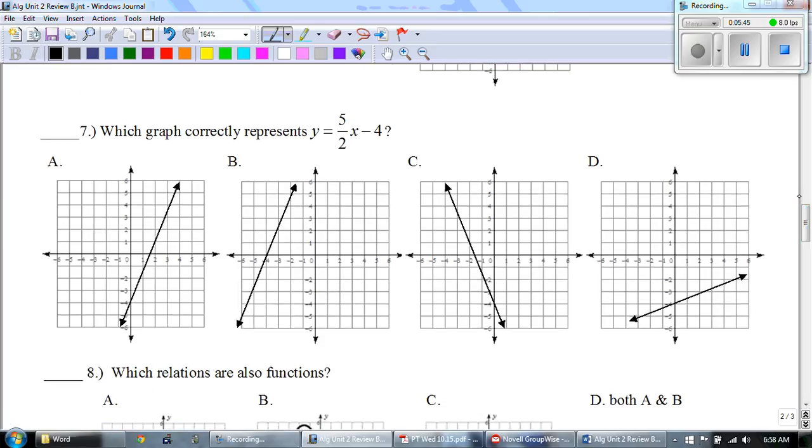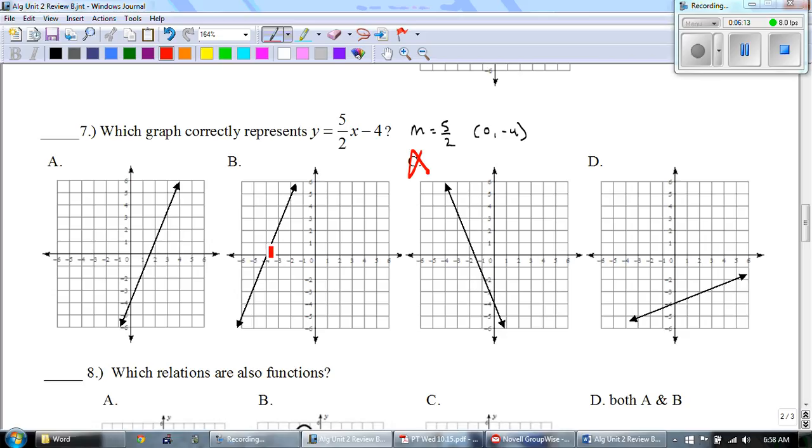Okay, which graph correctly represents y equals 5 over 2x minus 4? So we need to know what our slope and our y-intercept are. Okay, so just looking at slope, I can see that C is falling. Okay, no, my graph isn't falling.